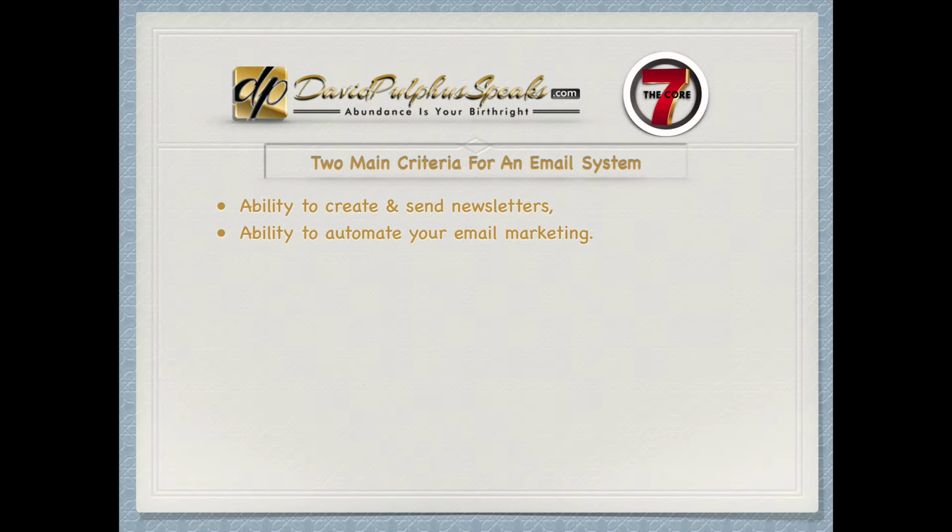Okay. Now listen, I have a tip for you. No matter which email system you use, you always want to use a custom domain. You don't ever want to use a free email account or even your personal account.